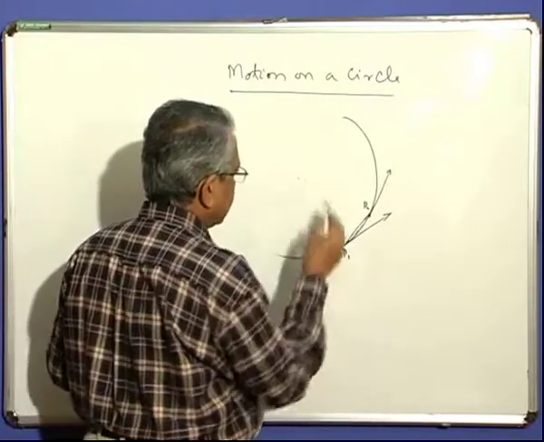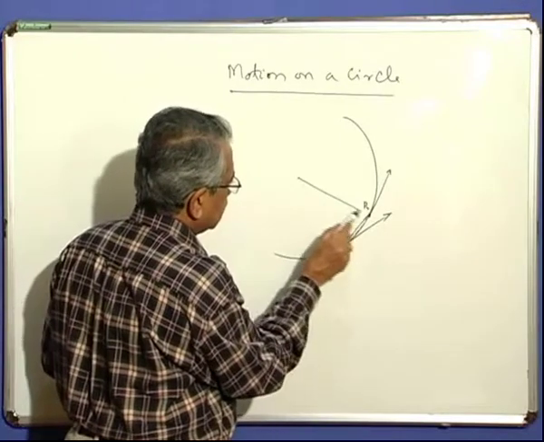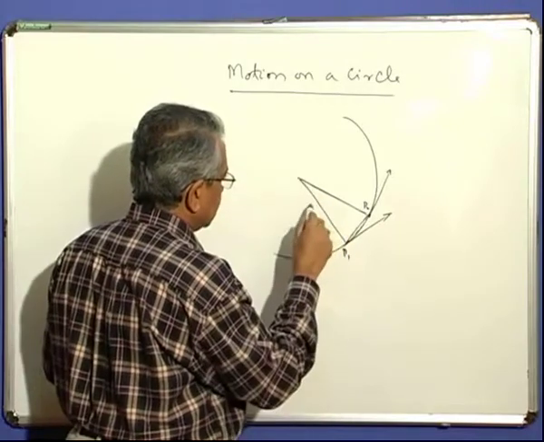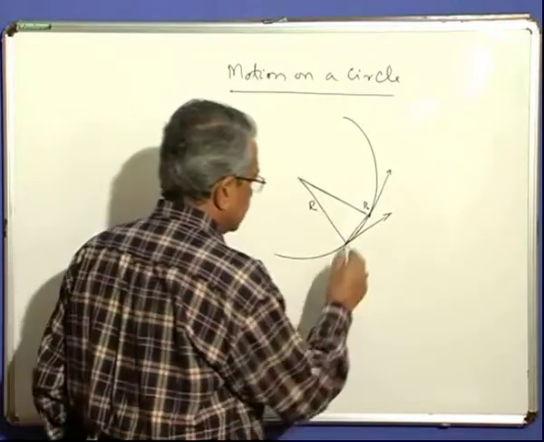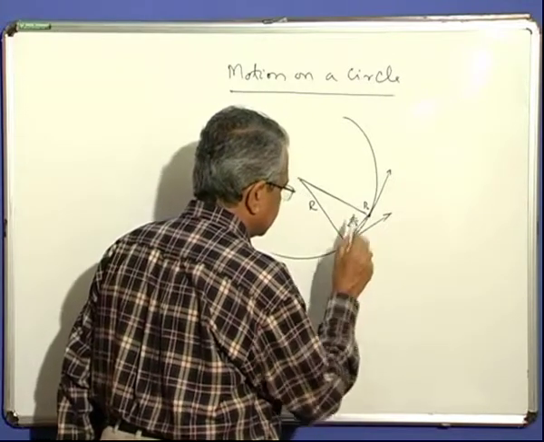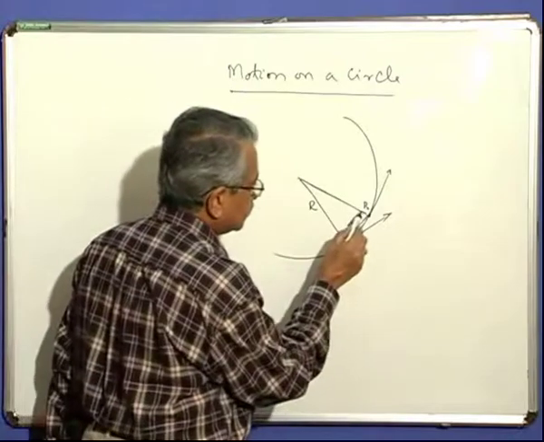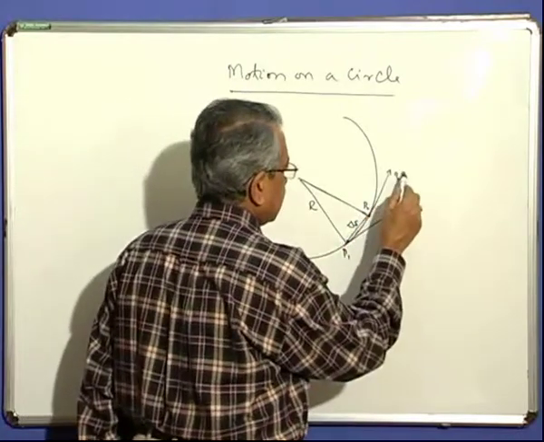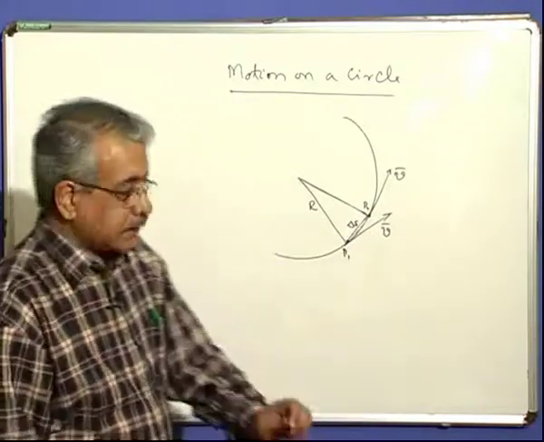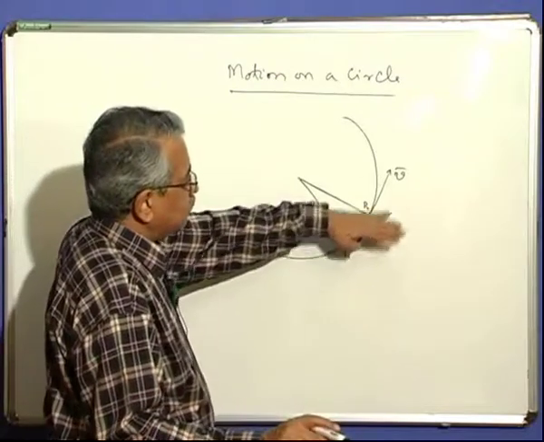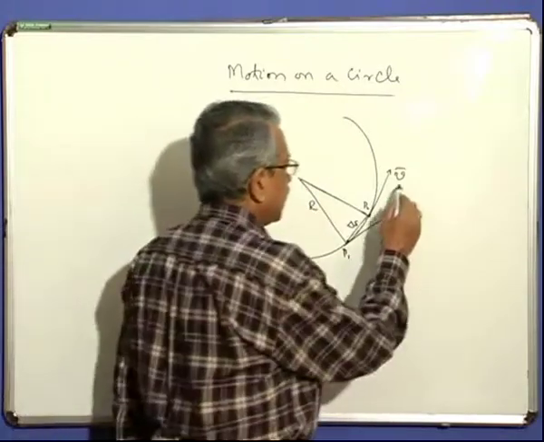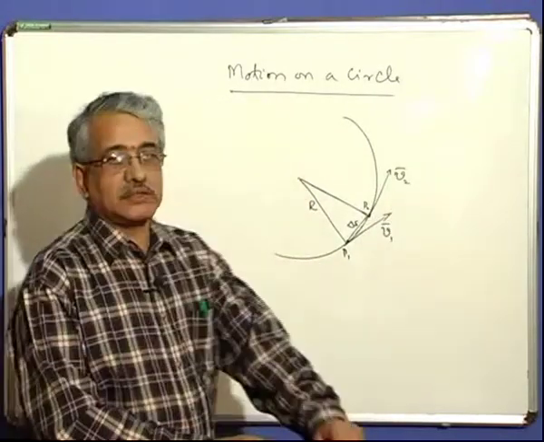Suppose the center of the circle is somewhere here. This is the radius of the circle, and this is the displacement, which I call delta S. Let us consider a case where the body is moving with velocity V1 along the tangent at P1.